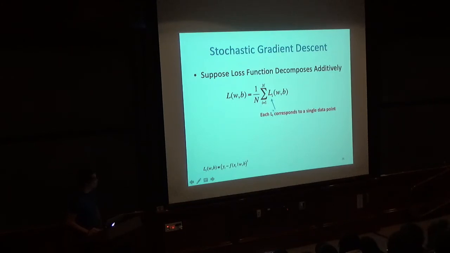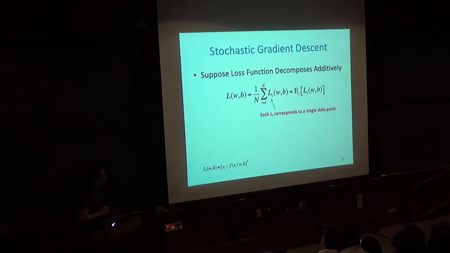Nothing else changes, right? And then I'm going to say that the loss function is the average over a bunch of other smaller loss functions indexed by little i. In this simple example, little i corresponds to the individual data points. This is the loss on a specific data point. I've done nothing other than simply rewrite things in a slightly different notation.